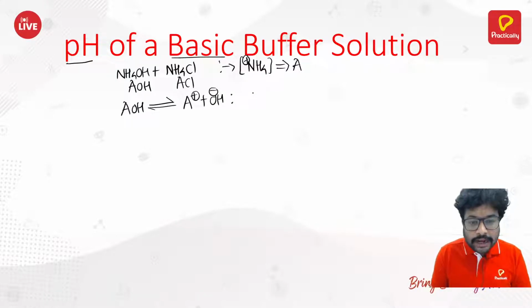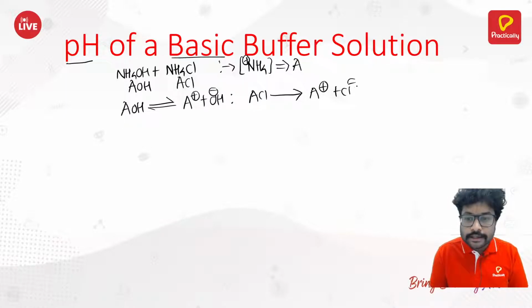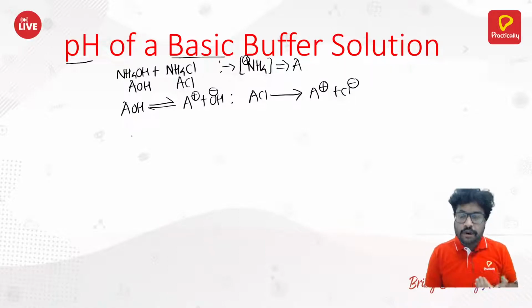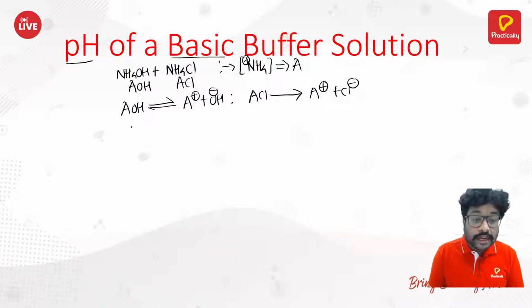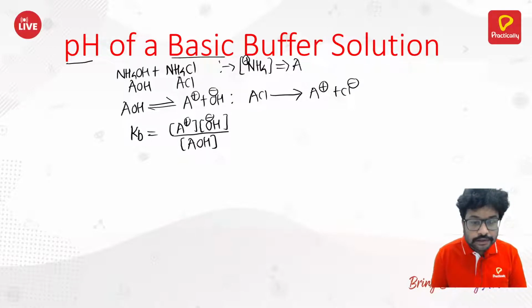Okay, and ACl or NH4Cl, being a salt, will dissociate completely to give you A plus and Cl minus. Okay, now this is a weak base. For a base, what do we write? We write the Kb, right? Kb is equal to concentration of A plus multiplied by concentration of OH minus divided by concentration of AOH, right?